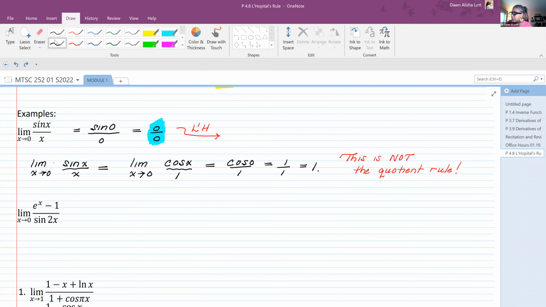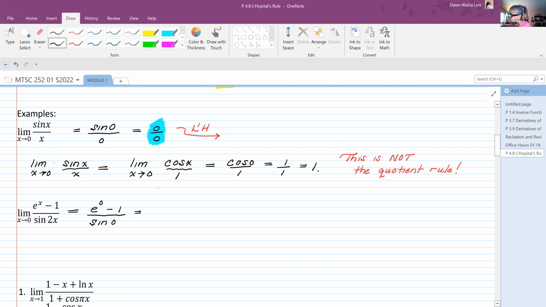All right, so let's look at the next one. The next one says take the limit as x approaches 0 of e to the x minus 1 over the sine of 2x. So now I'm going to get e to the 0 minus 1 divided by the sine of 0.